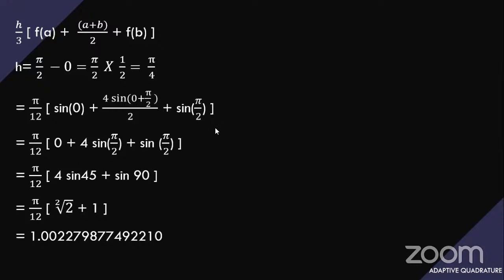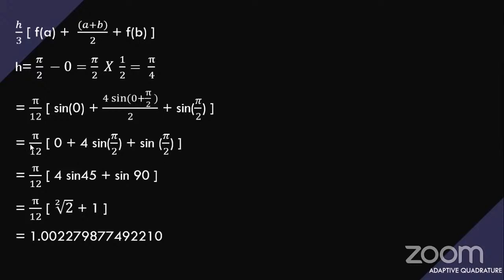The question says sine x, so x in that value will be a, and our a is 0. So we say sine 0 plus 4 sine of 0 plus pi over 2 divided by 2, plus f of b, which is sine pi over 2, since our b is pi over 2. So we'll proceed from here.